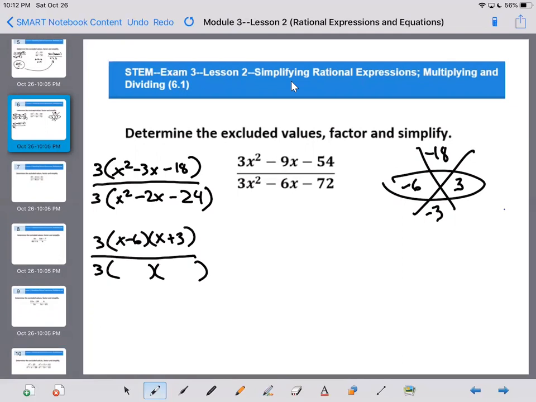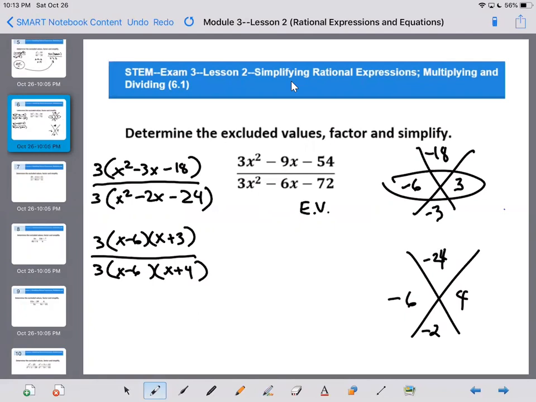Now I'm looking for factors of negative 24 that add to give me negative 2. And that would be negative 6 and positive 4.